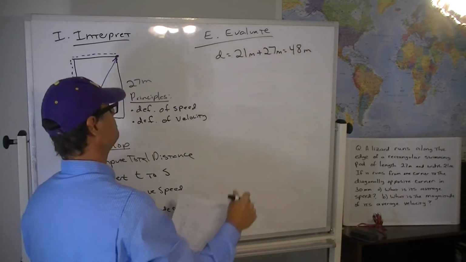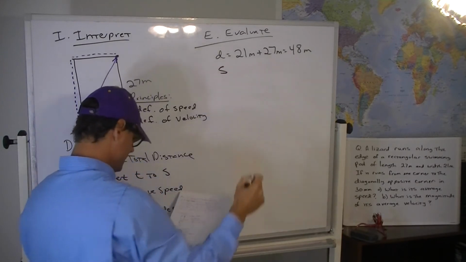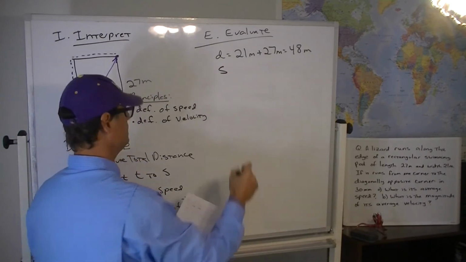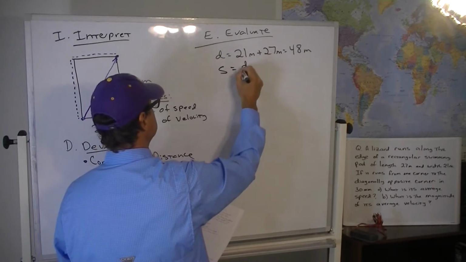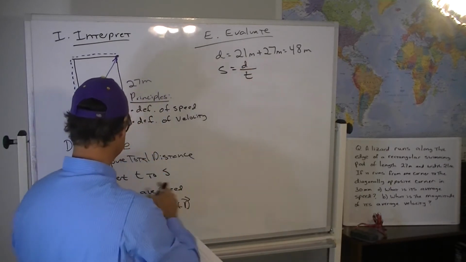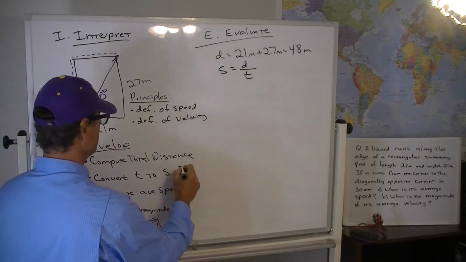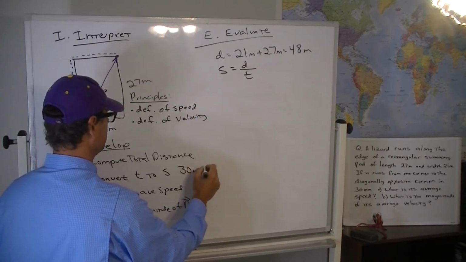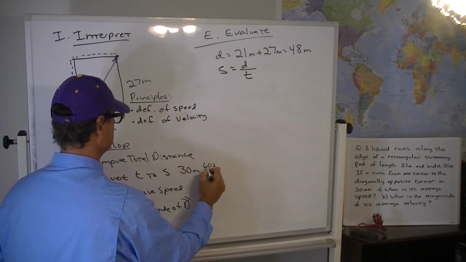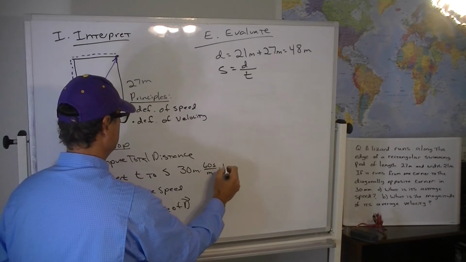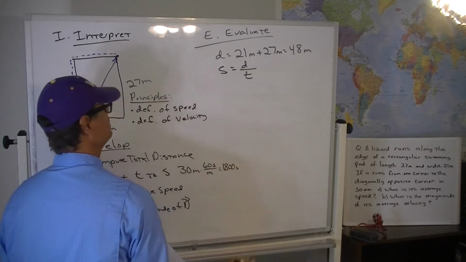And then the average speed, we'll just give it the symbol S, is convenient. And so that's d over t. Oh, and we didn't convert the time to seconds. 30 minutes times 60 seconds per minute would be 1800 seconds.